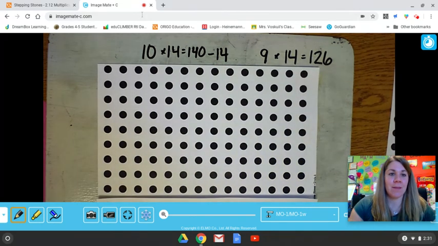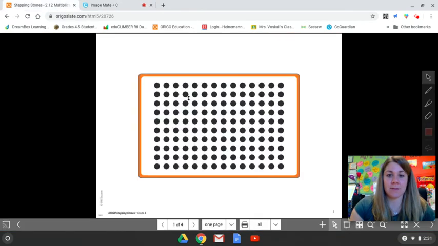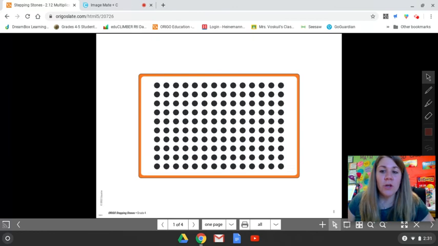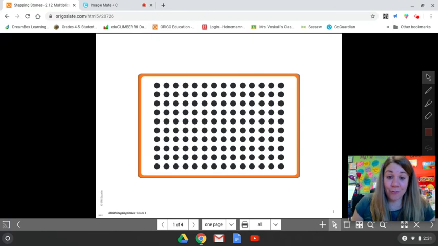All right, let's look at our slide here. So on this slide is another array. Let's count how many rows there are. 1, 2, 3, 4, 5, 6, 7, 8, 9, 10. 10 rows.